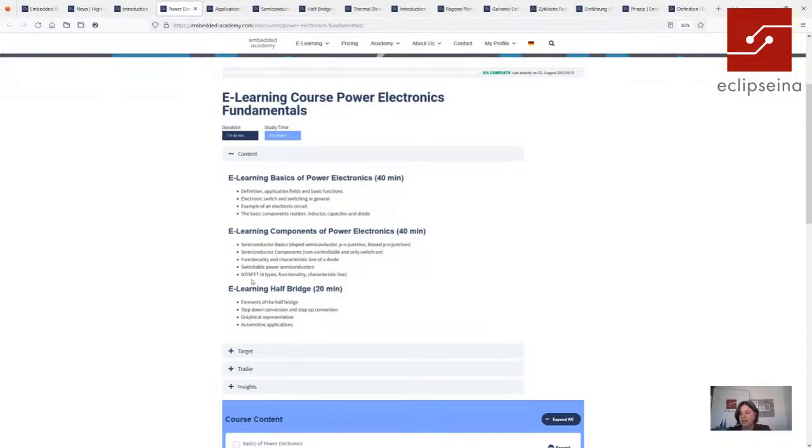And then we have the MOSFET, 4 types, functionality, characteristic lines. Upcoming towards the end of the year, we'll also do an update with the IGBT in more detail. This is also planned.